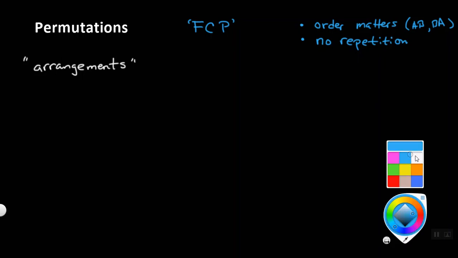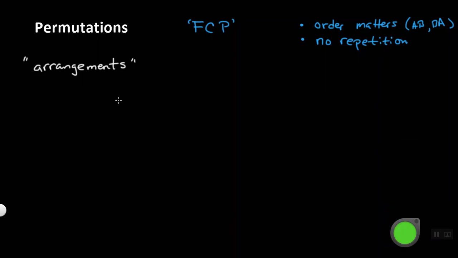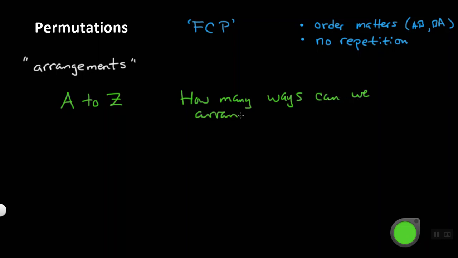So let's look at an example. We'll go back to some letters, of course. Take the letters A to Z in the English alphabet. And now I'm going to say, how many ways can we arrange all 26 letters?